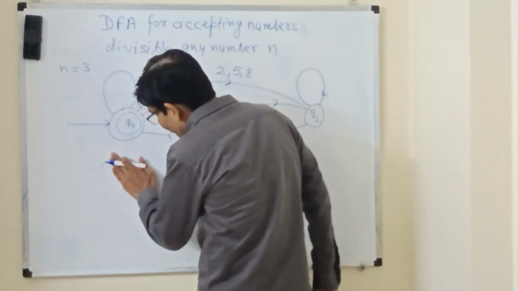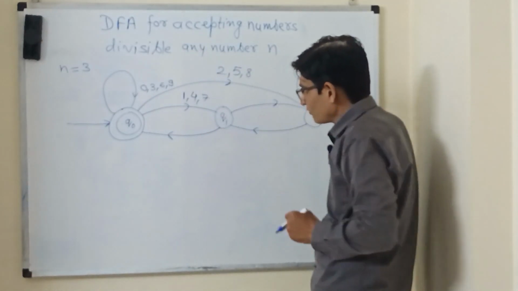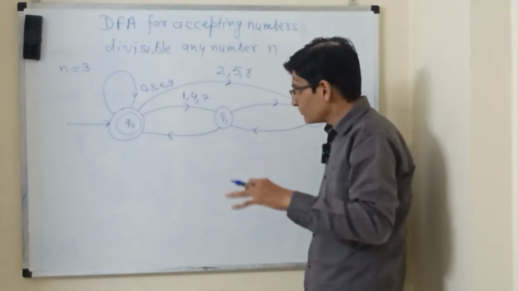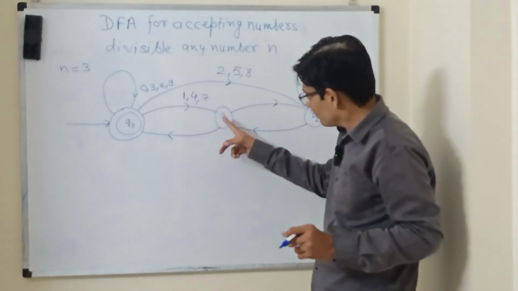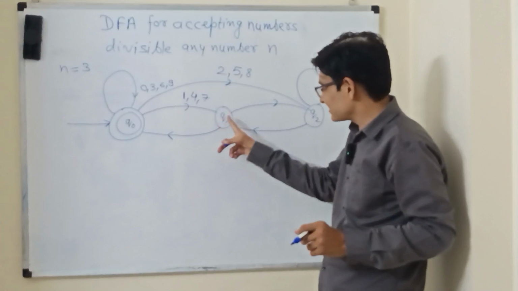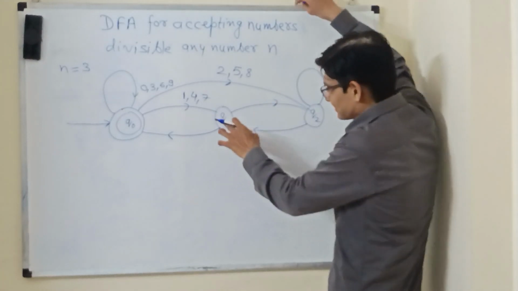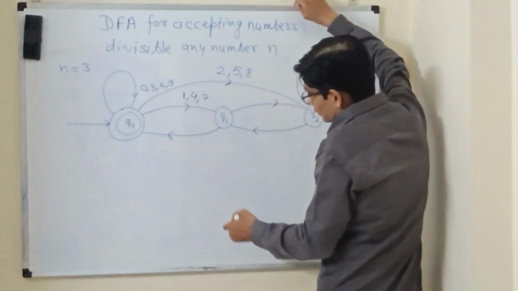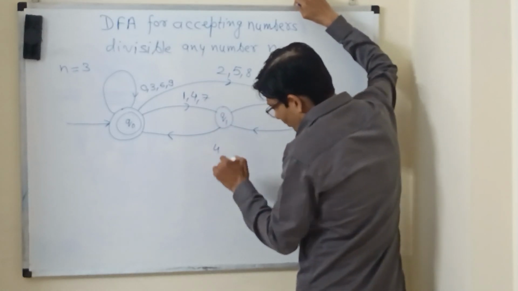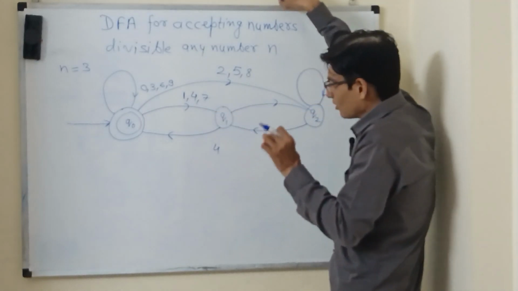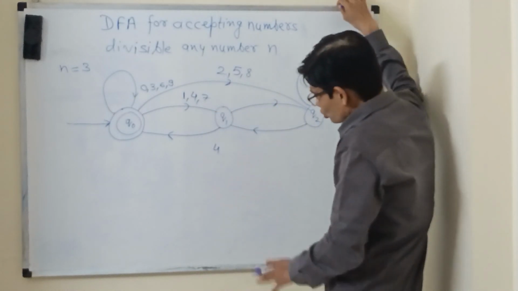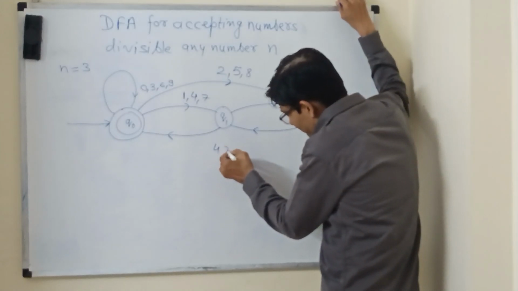Now we will take one example decimal number that is already giving us remainder 1, and then we will see the transitions from this state for all input symbols. I'm taking 4 here because it is already giving remainder 1 on dividing by 3. Now we apply 0.